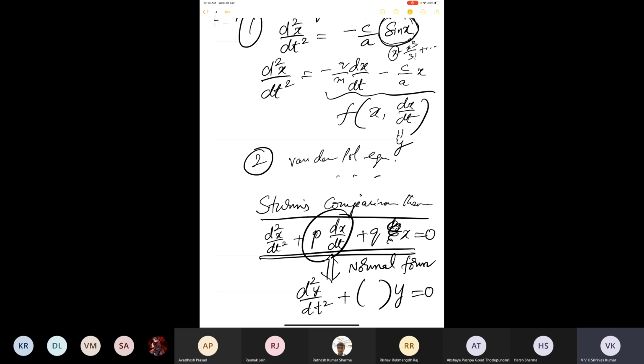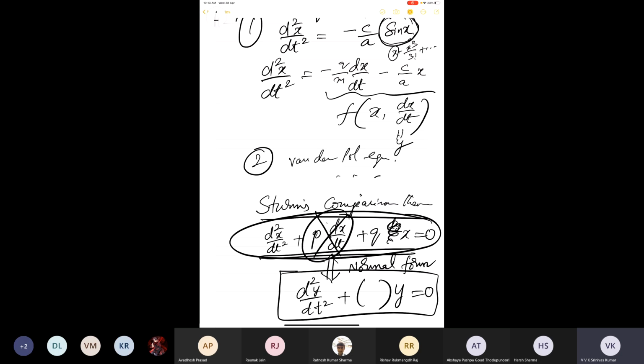Instead of working with this differential equation, we can get rid of this dx by dt term and get another equation, where here we will have a function of p and q.